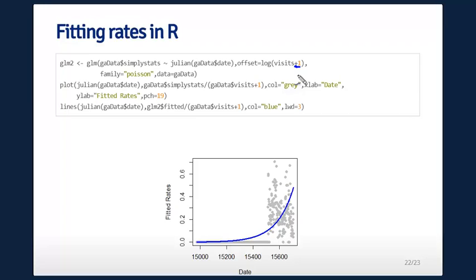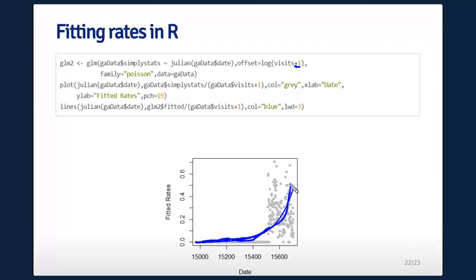Here's the rates, so not the count, but the rates. And what you can see is the rate of hits from Simply Statistics was basically 0 for a while, and then it went up, and the model fits it as not exactly 0, but close to 0, and then shoots up.